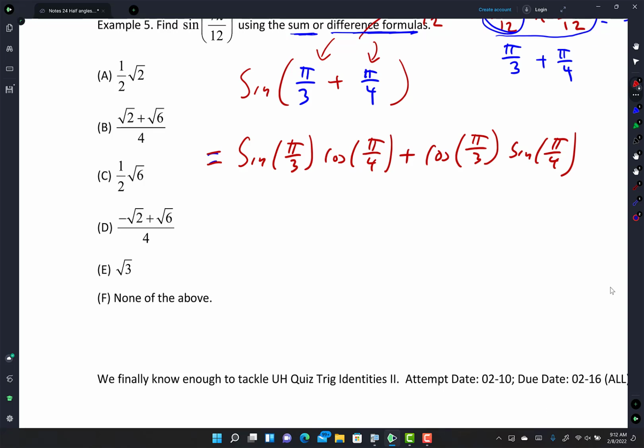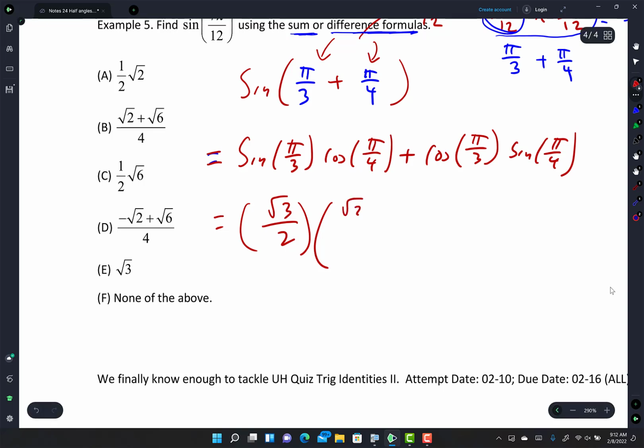All right, sine pi over 3. What is that? Square root of 3 over 2. Cosine pi over 4. Square root of 2 over 2. Plus cosine pi over 3. What is that one? That's not the square root one. That's a half. Sine pi over 4.